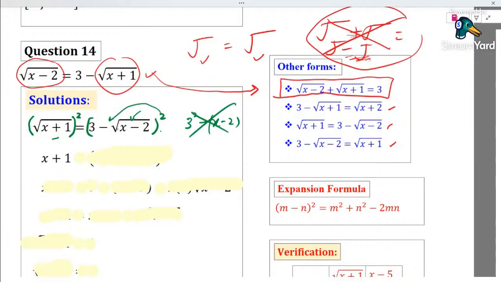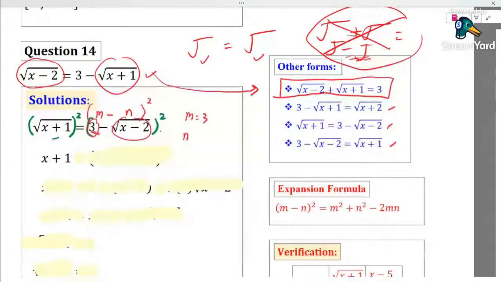What we're supposed to do in this expansion, guys and girls, again, we refer to the expansion formula, the part I called important expansions. So once again, I will consider this (m minus n) squared, where m equals 3 and n equals square root of x minus 2.